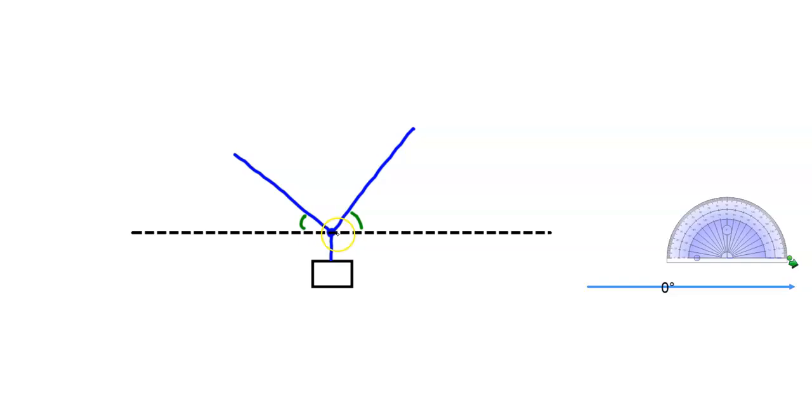Because really what you need here is the x component of these two tensions. So maybe this is T1 and this is T2.